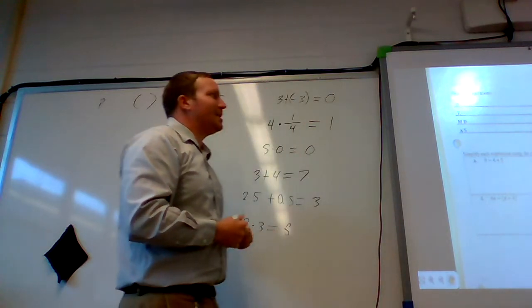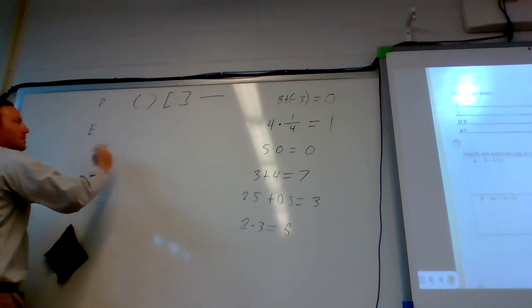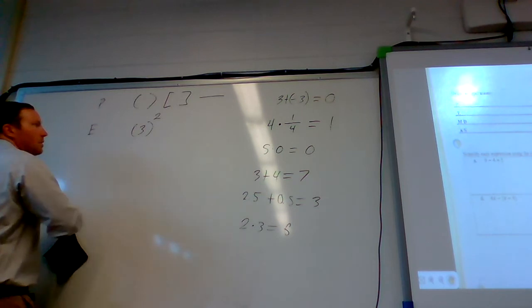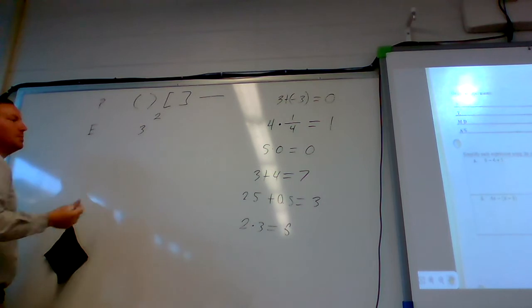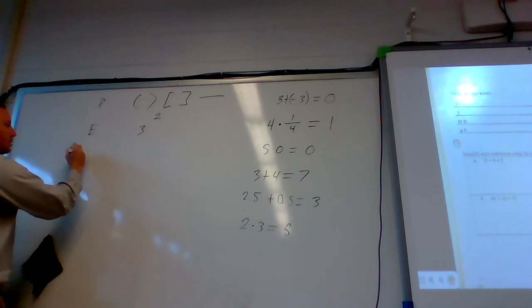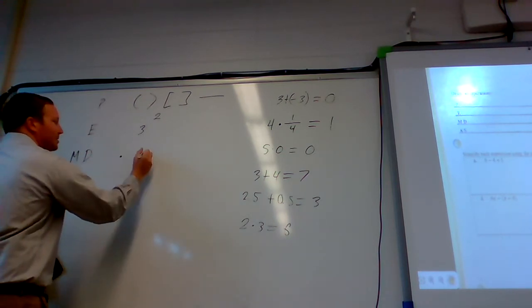What about E? What does our E stand for? Exponents. Right. We have 3 squared. So our exponents would be our next thing to do. Then we have our N and our D, which is our multiplication and division.